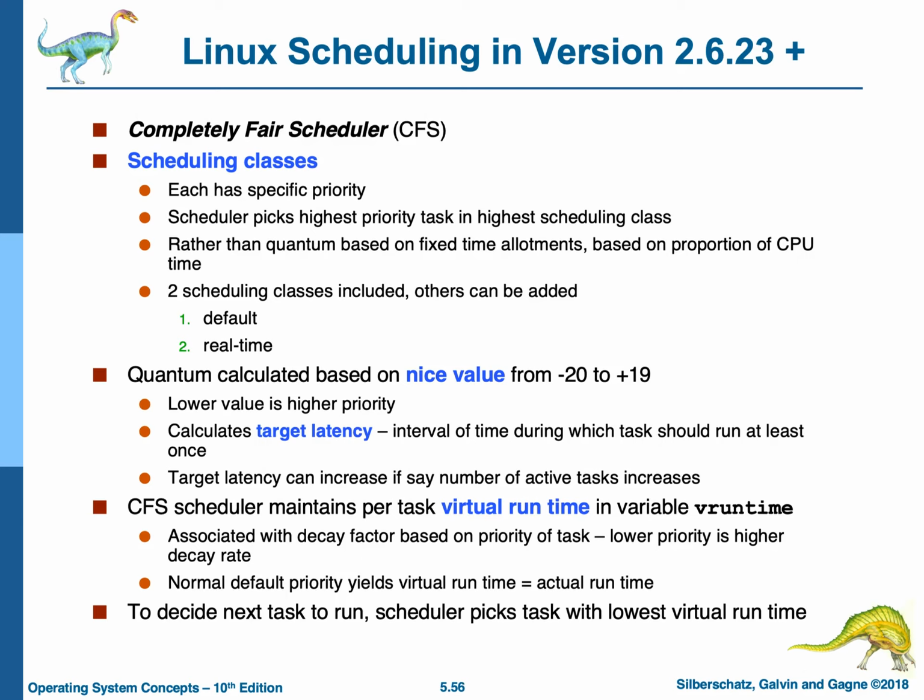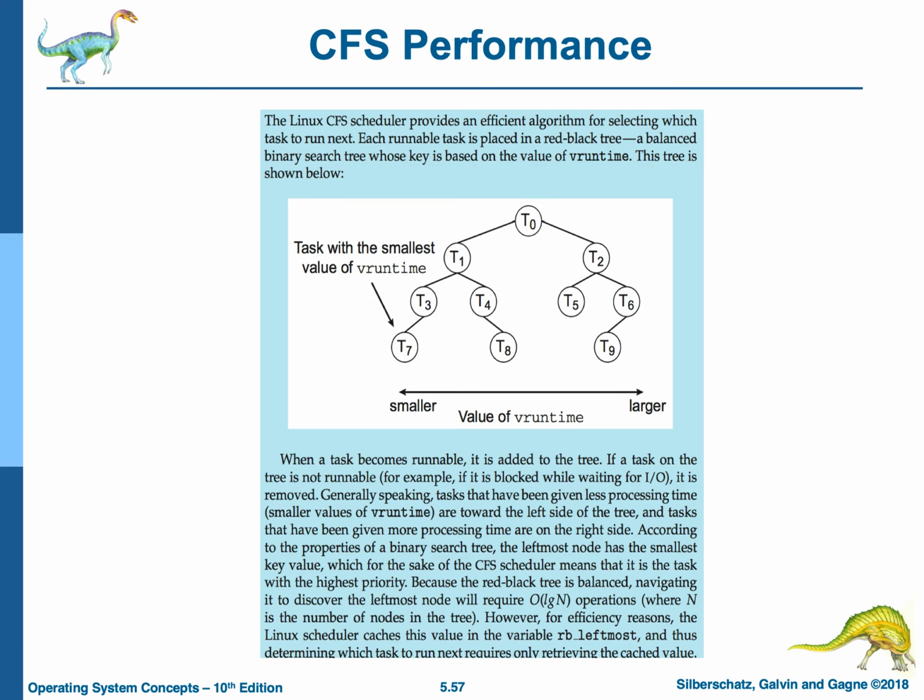So this is completely fair scheduling, and this is actually a balanced tree whose key is runtime. Okay, and the lowest runtime has the highest priority, while the highest runtime has the lowest priority, and this works in a tree, right?